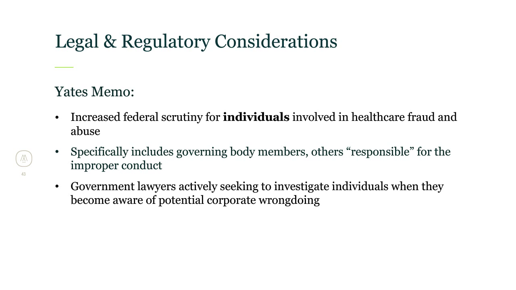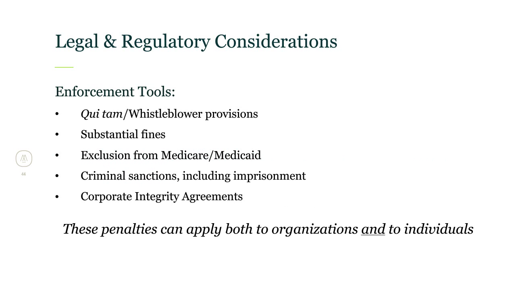It was an individual or individuals within the organization who initiated it, but historically, when penalties or fines had been handed down, they had been levied against the organization and not necessarily against individuals. And so what the Yates memo attempted to do was to really call out the fact that not only should the organization, but the executive team or board members or board chair should be jointly and severally liable for some of these items.